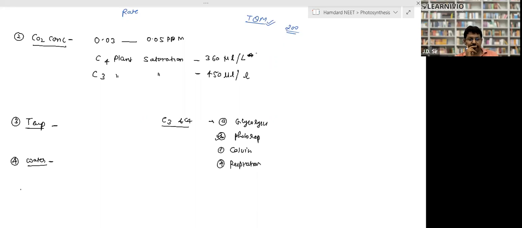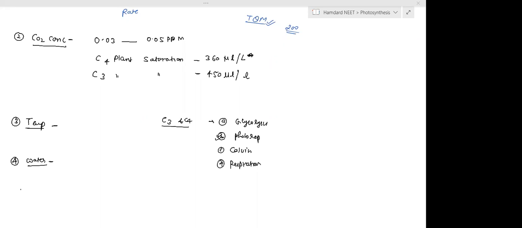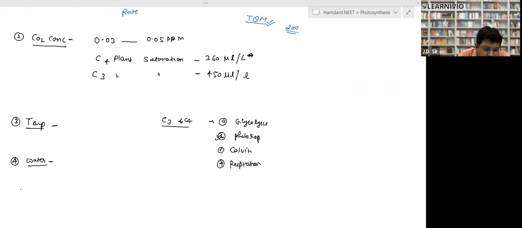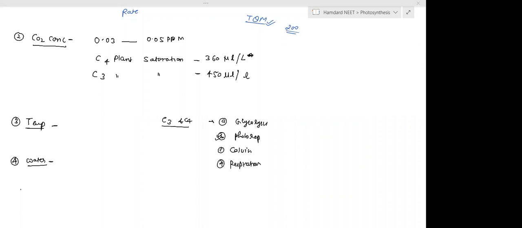Third point, temperature. What is the impact of temperature? Can you tell me? If temperature is too high, there is water vapor loss, the water evaporates, right?